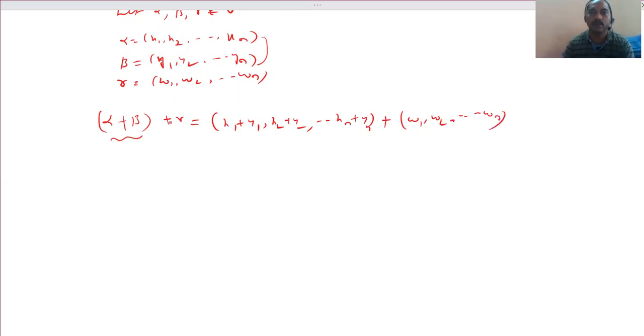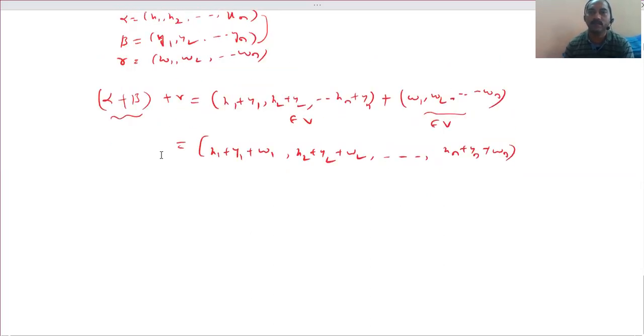Now, using the properties of vector addition, by the closure property this is in V. Using vector addition in V, we get (x1 plus y1) plus w1, (x2 plus y2) plus w2, and so on up to (xn plus yn) plus wn. All are elements in the field, so once again it is an element of V.